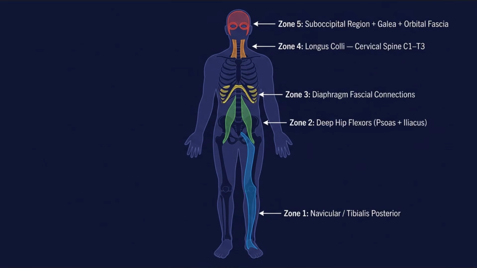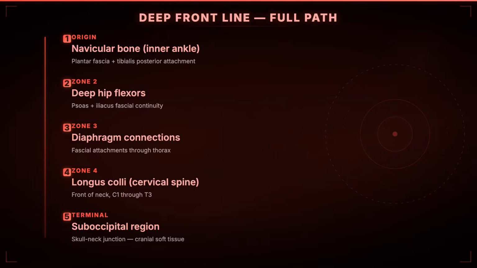From there, the chain continues upward through the deep hip flexors, the diaphragm's fascial connections, the longus colli muscles along the front of the cervical spine, and into the suboccipital region where the skull meets the neck. That junction, skull to neck, is where the chain splits and continues forward.